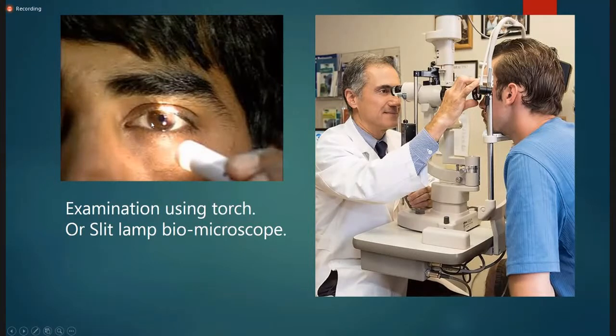What is the limbus? The junction zone between the cornea and sclera. The corneal diameter is about 11 to 12 millimeter.